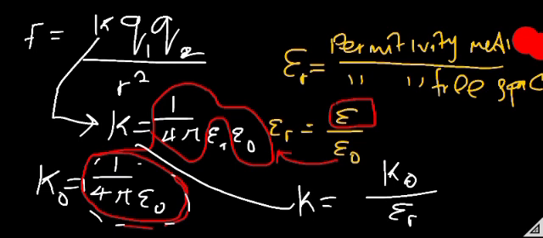So we can clean up everything and say that k is equal to k naught over epsilon r. Is that correct? So this is the constant of the equation.